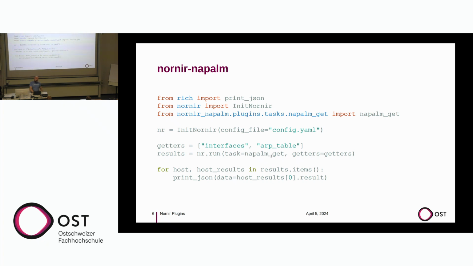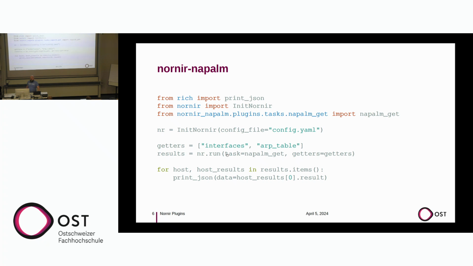We would have to see how this is implemented, and we would see that it just makes a get underscore and then interfaces, for example. And then of course we can print this result, for example, for each host. But this one here is done normally, depending on our configuration, in parallel, maybe with 10 workers, maybe with 100 workers. And here is just then printing out the result if we want to.